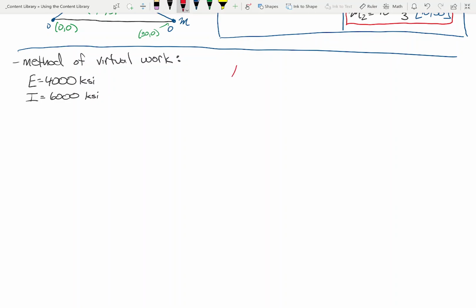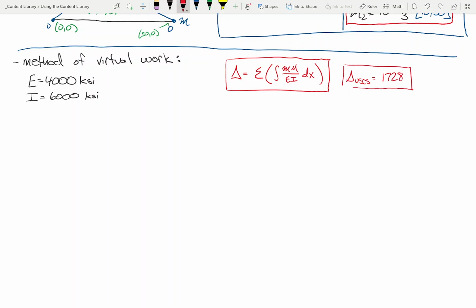The formula that we're using is the deflection is that, right? That's the formula that we're using. And remind me also, what's our unit conversion factor? 17, 28. Okay.